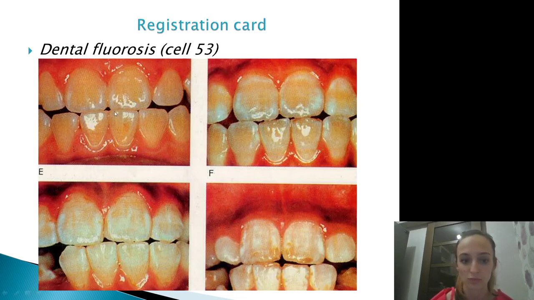Yellow spots. And here you can see yellow enamel and white spots on all of these. And on the last page is a very hard form of fluorosis.